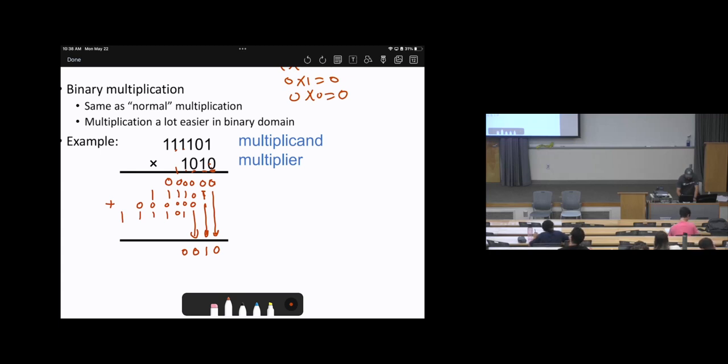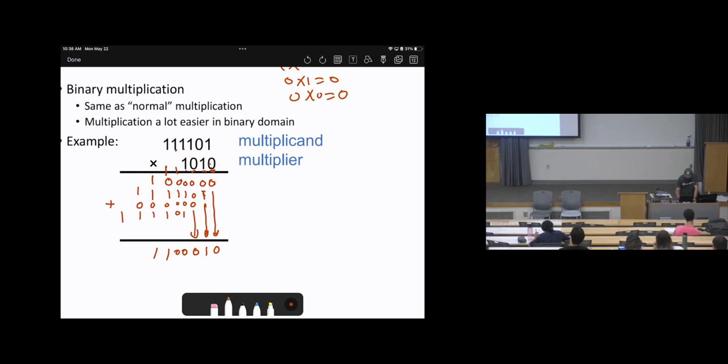Plus 0, 10. So still 0, carry 1. 1 plus 0, 1 plus 1, 10 plus 0, 10 plus 1, 11. 1, carry 1. 1 plus 1, 10 plus 0, still 10 plus 1, 11. 1, carry 1.